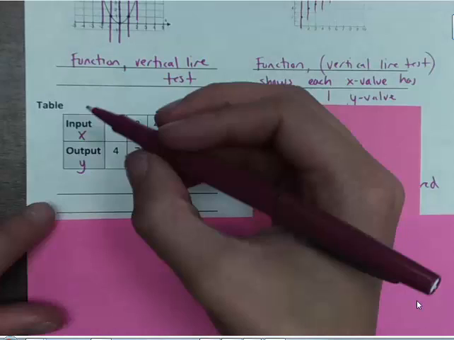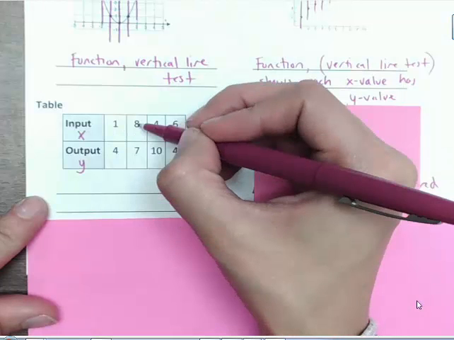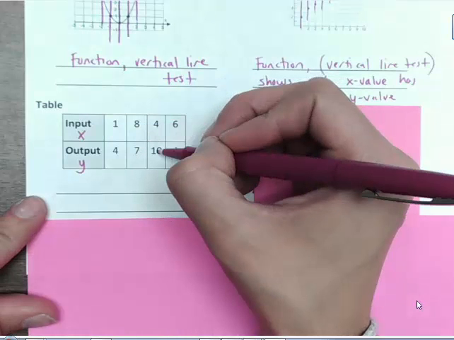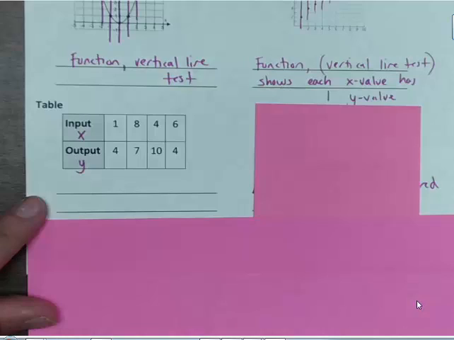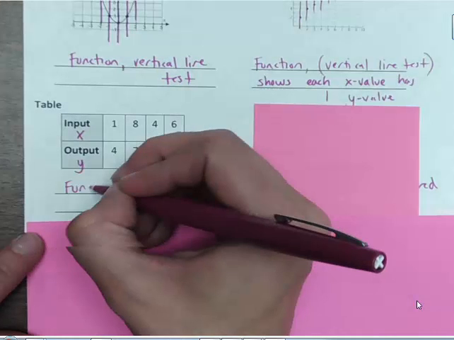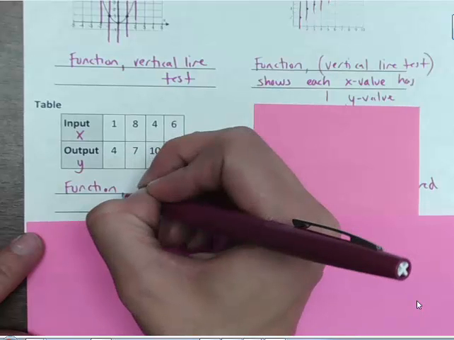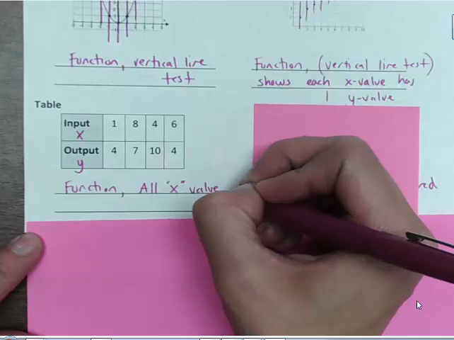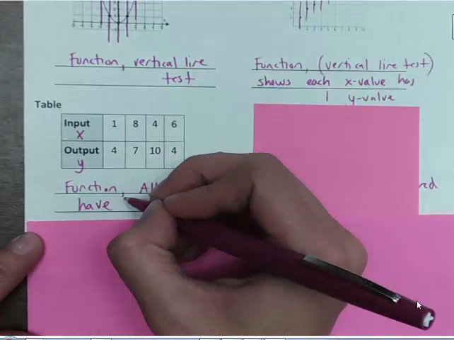So the x value of 1 goes to 4, x value of 8 goes to the y value of 7, 4 goes to 10, 6 goes to 4. I notice that all the x values have that one y value, so this would be considered a function because all the x values have the one y value.